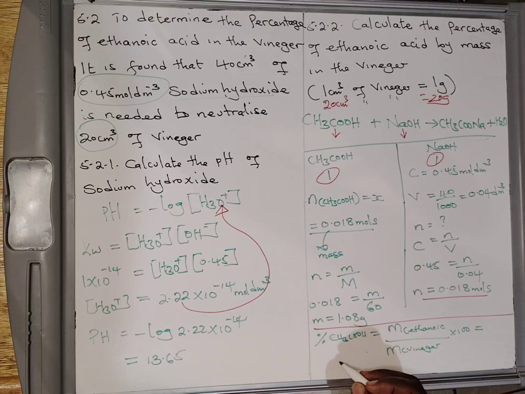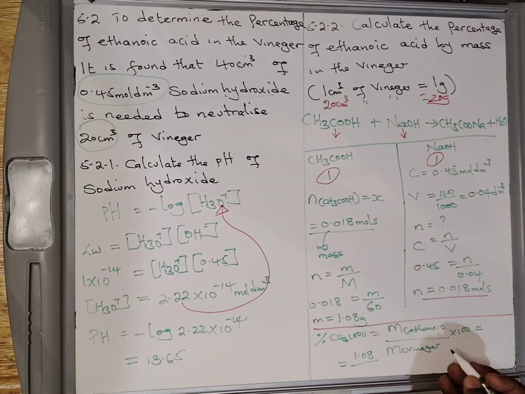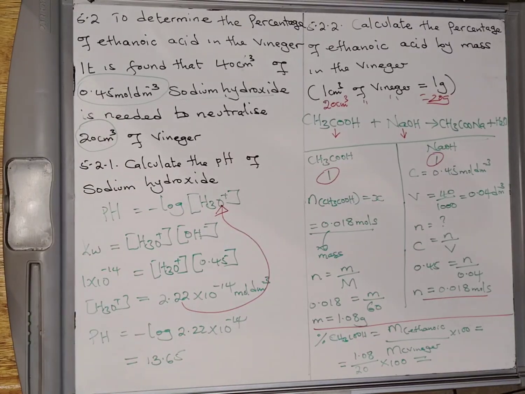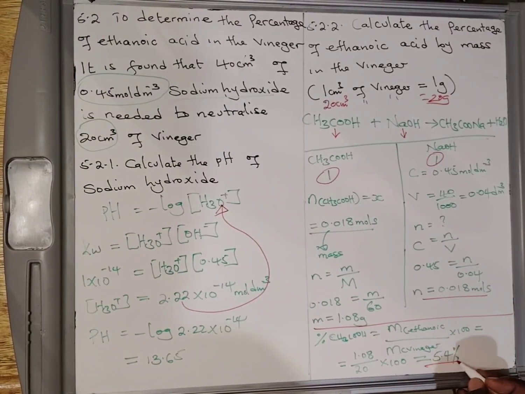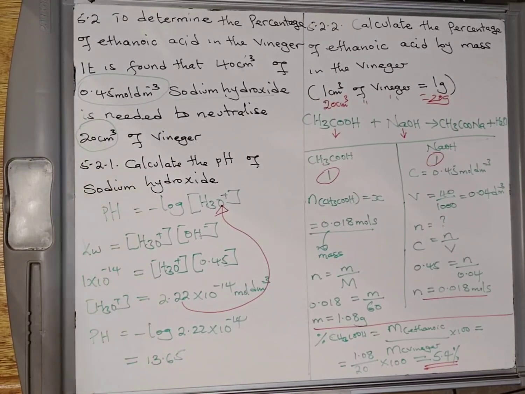We say, the mass of ethanoic acid is 1.08, divided by 20, times 100. What do you get as your answer? Let us compute and see. We come up with this percentage: the percentage of ethanoic acid in vinegar is 5.4%.